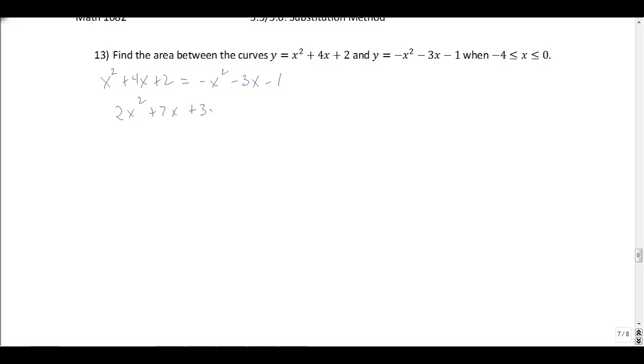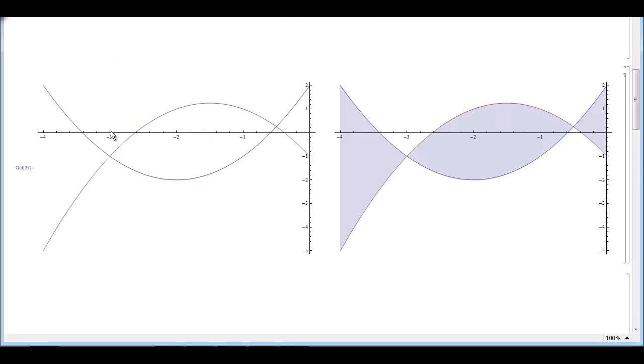Add 1 is 3. Thinking about this for a bit, this looks like 2x plus 1 times x plus 3 equals 0. So I get an x, 6x. Yep, that works out. So x is going to be either -1/2 or -3. So those are my two intersection points. I might look at my graph. -3, that looks good. -1/2, that seems very plausible. So everything looks consistent.